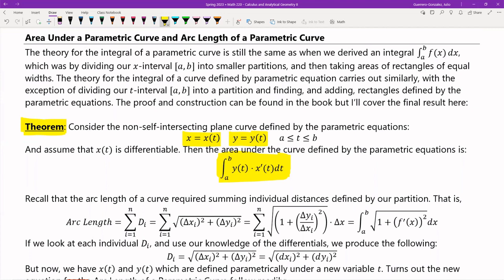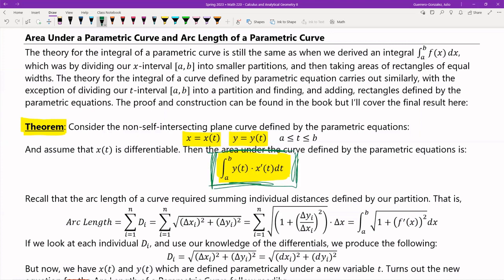Then we let those small rectangular slivers become infinitely skinnier by taking the limit as n goes to infinity. If you do that same construction, exactly the same, you end up getting this right here.